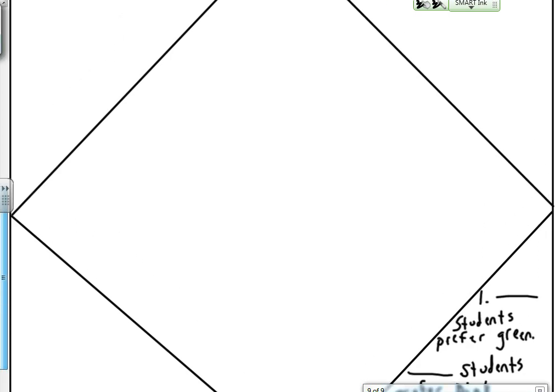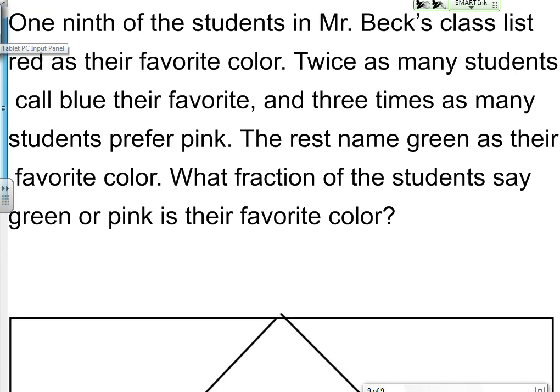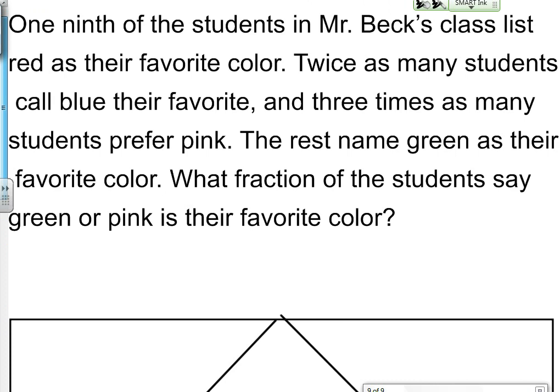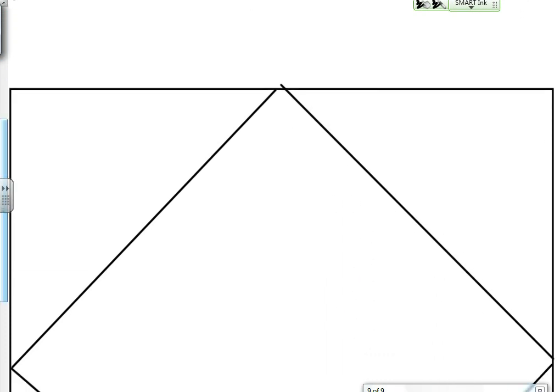Now we go back up into the problem and look at given information. So we know that 1/9 like red. So in the second box here, 1/9 red.